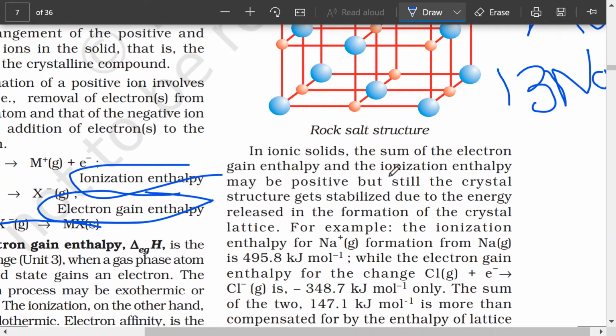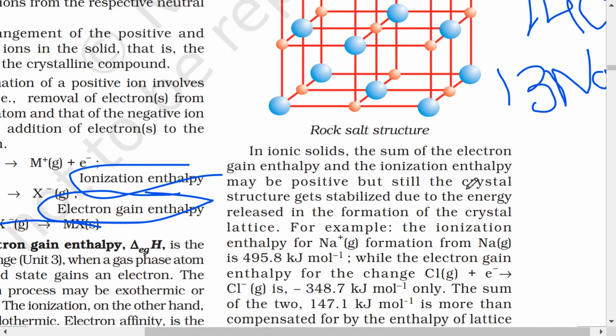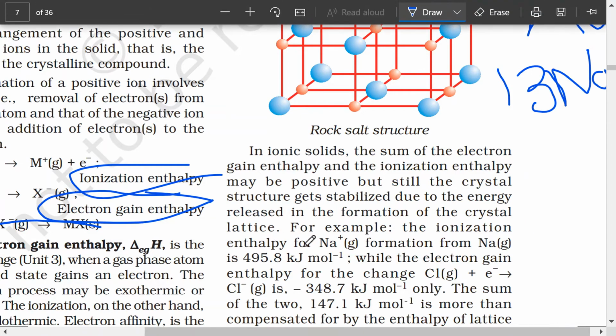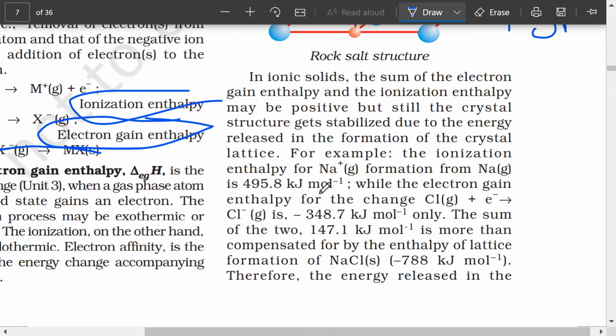So in ionic solids, the sum of electron gain enthalpy and ionization enthalpy may be positive, but still the crystal gets stability due to the energy released in the formation of the crystal lattice. For example, the ionization enthalpy for the formation of Na+ from Na is 495.8 kilojoule per mole, while the electron gain enthalpy for the change of chlorine plus electron to Cl- is minus 348.7.